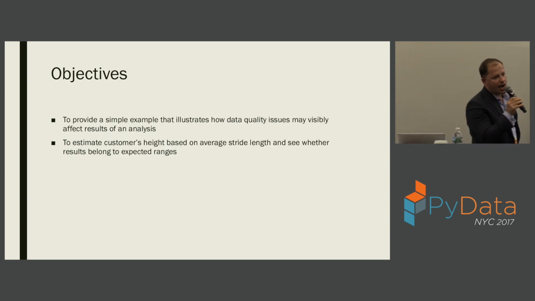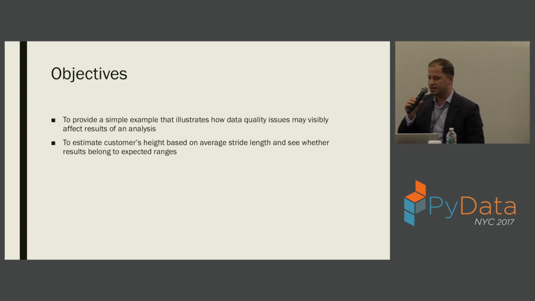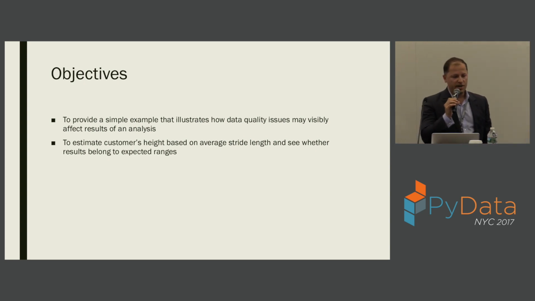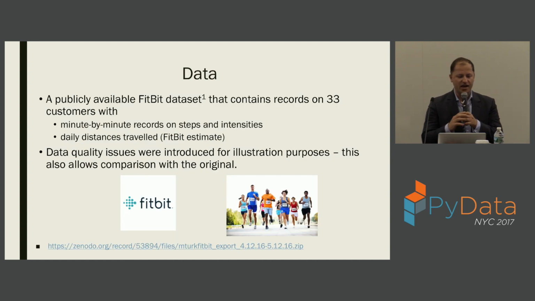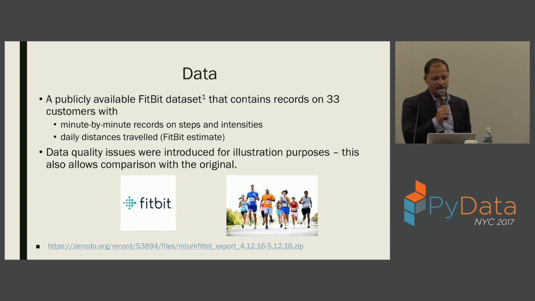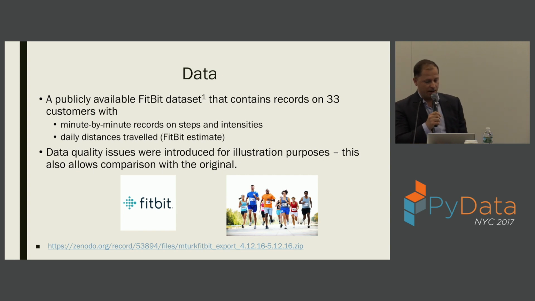To demonstrate some methodologies of data cleanup, we have a publicly available Fitbit data set containing records on about 33 customers with minute-by-minute records on steps and intensities, as well as daily distances traveled.